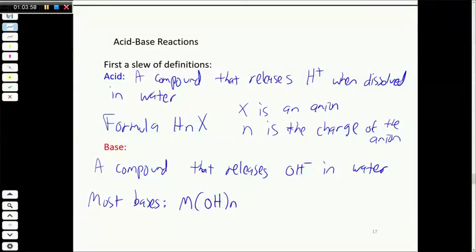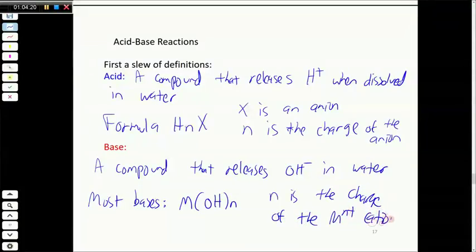A compound that releases hydroxide in water, not surprisingly, is a hydroxide salt. So that's what most bases look like. There's some sort of hydroxide compound, where again N is dictated by the charge of whatever cation is paired with that hydroxide anion. So those are what bases are. They release OH minus, acids release H plus.